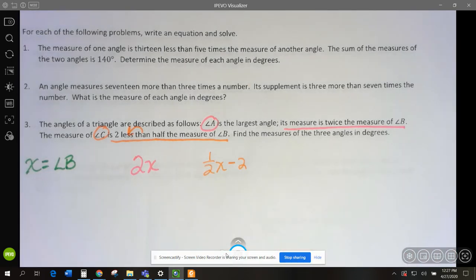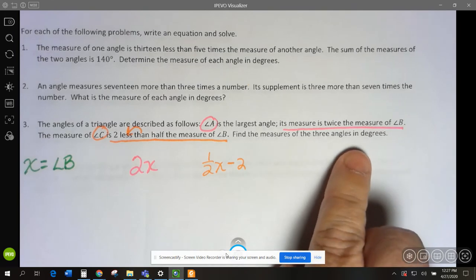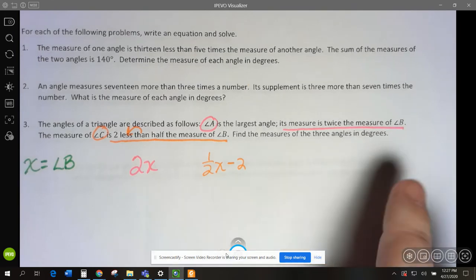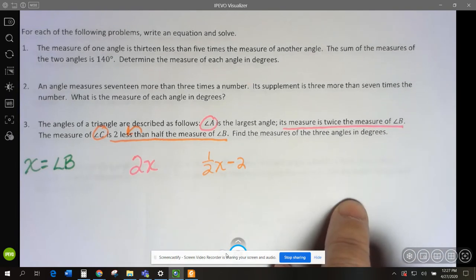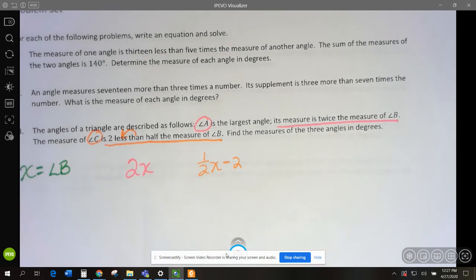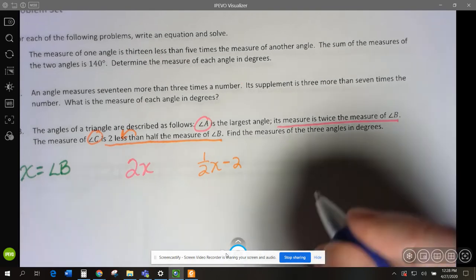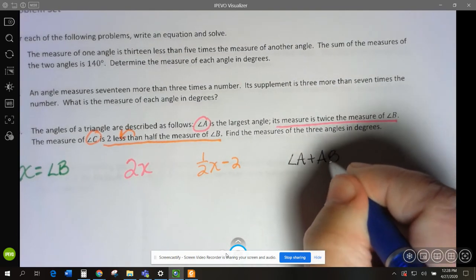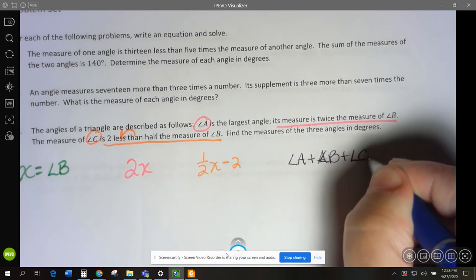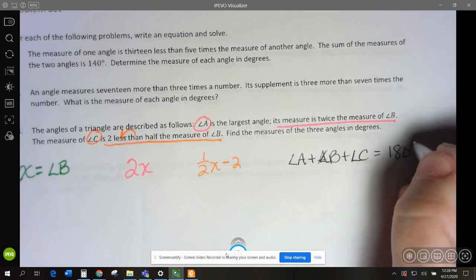Now, find the measure of the 3 angles in degrees. Oh boy, it doesn't give us any numbers here. Think of our triangle angle sum theorem. It is going to tell us that angle A plus angle B plus angle C is going to equal 180 degrees, right?